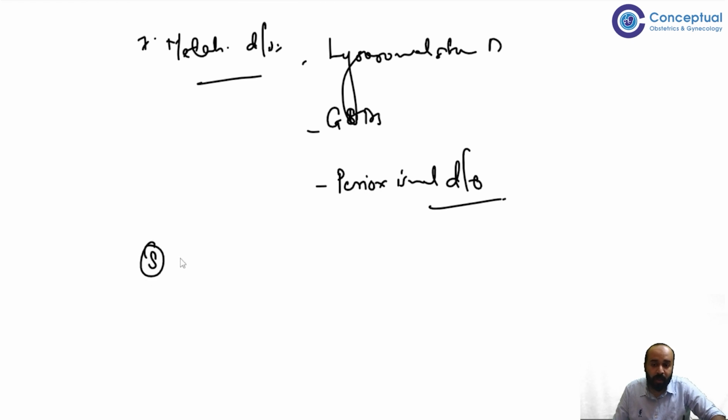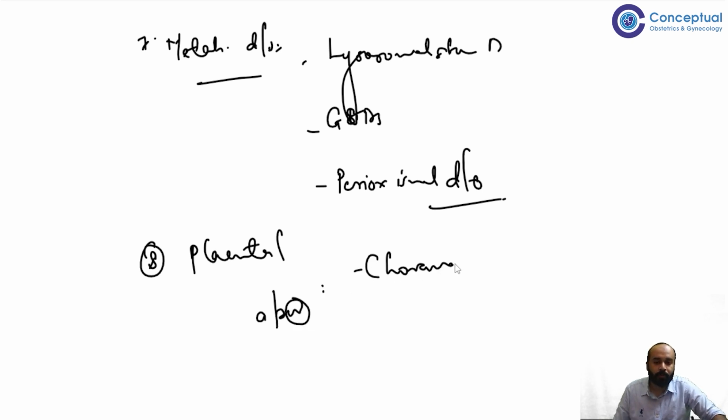Next, you can have some placental abnormality. What placental abnormality? Something like a chorangioma. What is a chorangioma? A chorangioma is a tumor of the placental vessels on the chorionic surface. So basically, there is a large vascular tumor that is growing on your placenta, and that tumor is also now going to be supplied by the fetus.